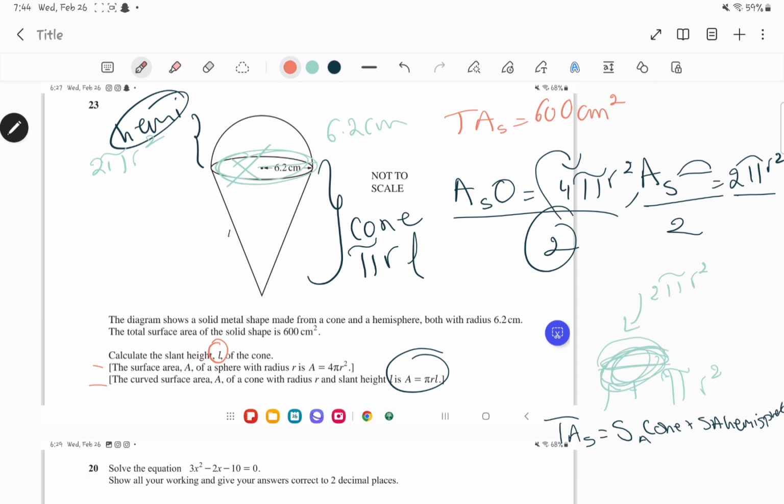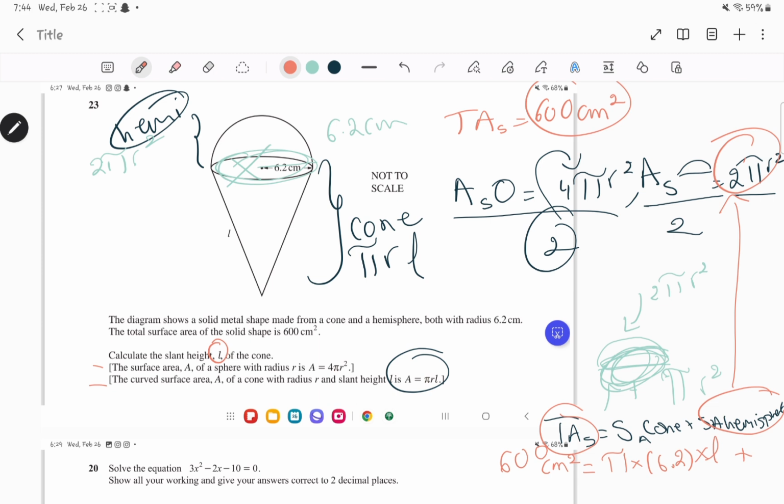Formulating it as an equation, the total surface area we got before, 600 centimeters squared, is equal to the surface area of the cone, which is pi times the radius. We know the radius: it is 6.2 centimeters. Times the slant height L that we need to find, in addition to the surface area of the hemisphere that we found to be 2 pi r squared.